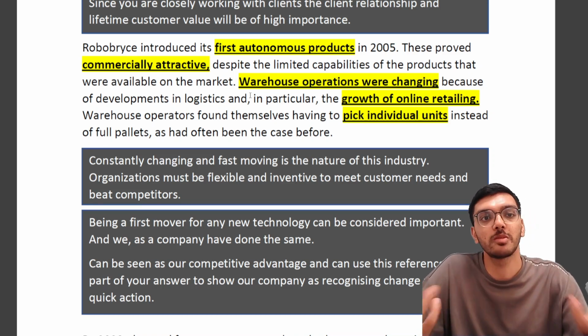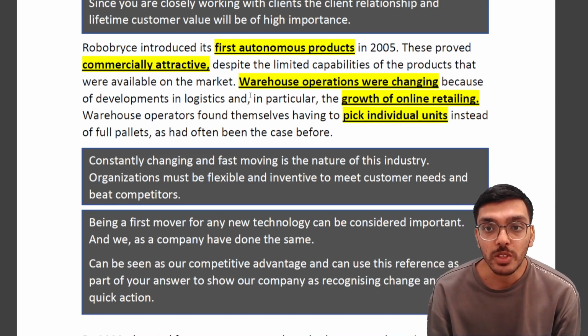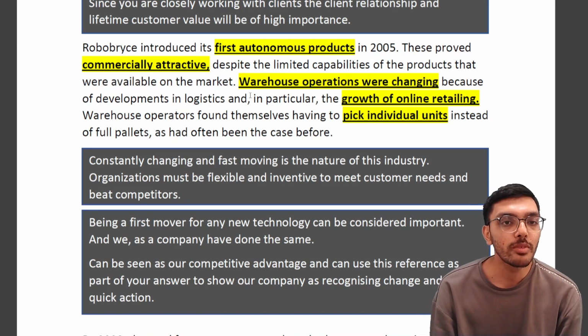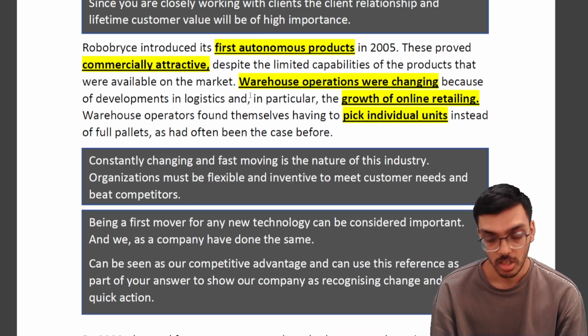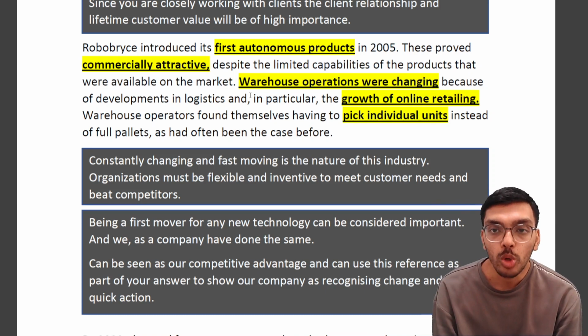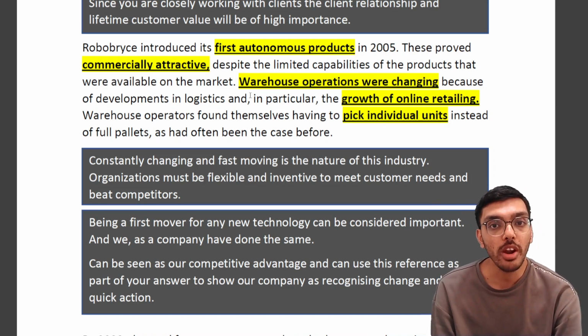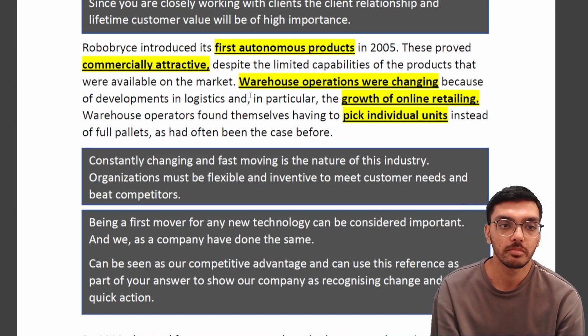So even though these were new, these were attractive. Warehouse operations were changing because of developments in logistics and in particular the growth of online retailing. So we noticed this change in the market. We noticed that online retailing is growing. I will need autonomous products. So I developed them and introduced them.